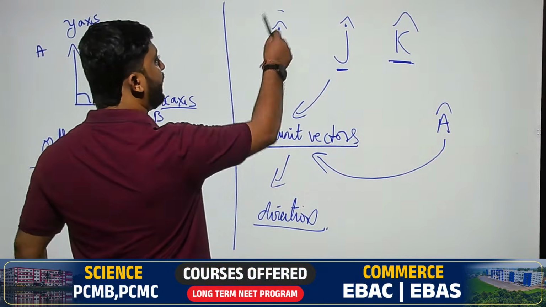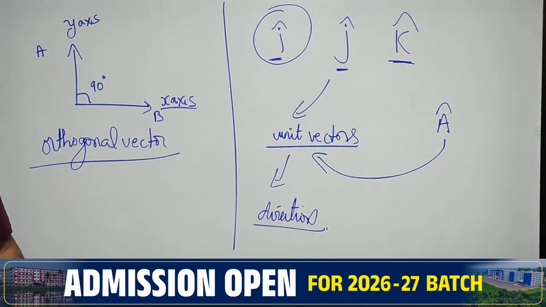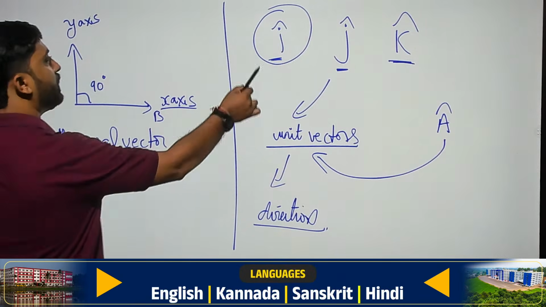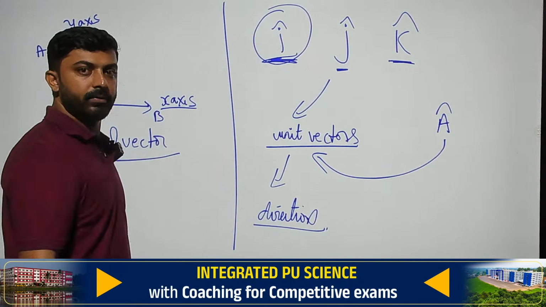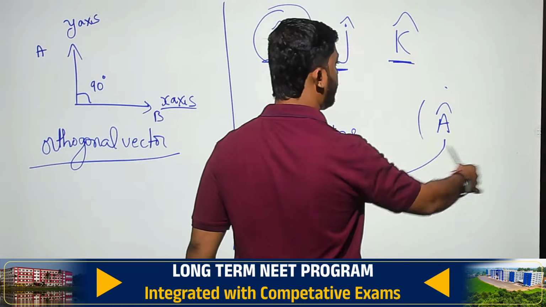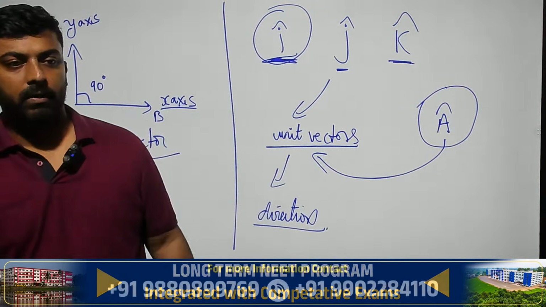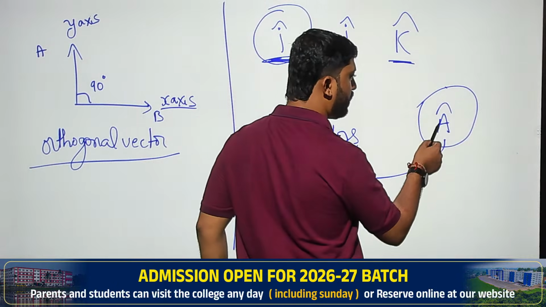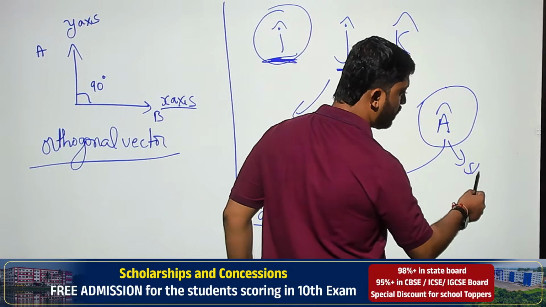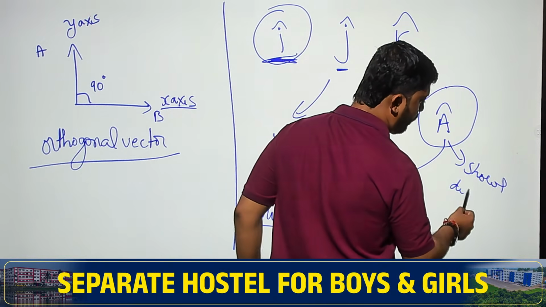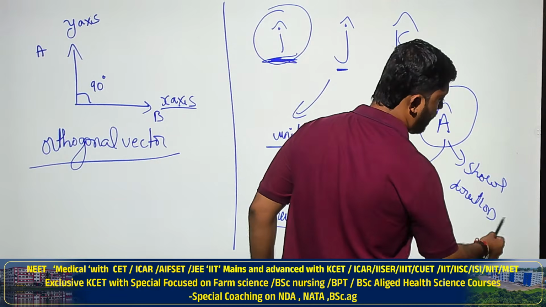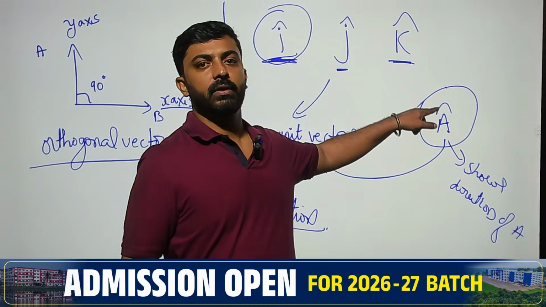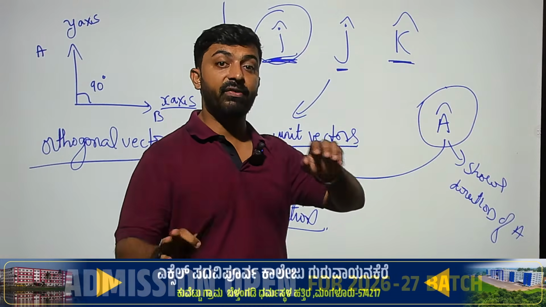If anyone asks what is i cap, it is a unit vector. If anyone asks what is a cap, a cap is a unit vector, and a cap shows the direction of A. A cap shows the direction of the A vector.